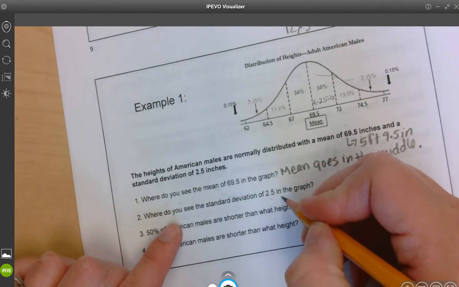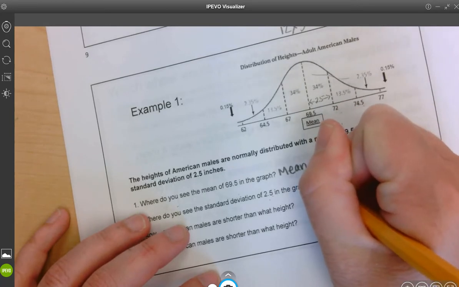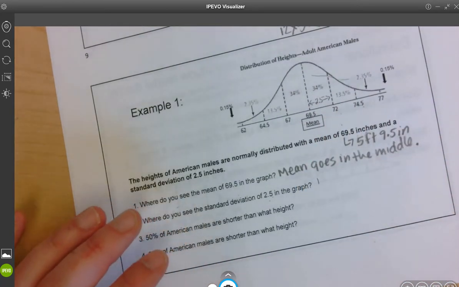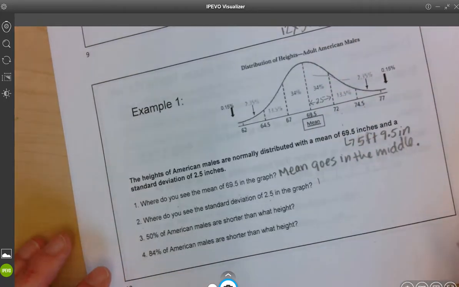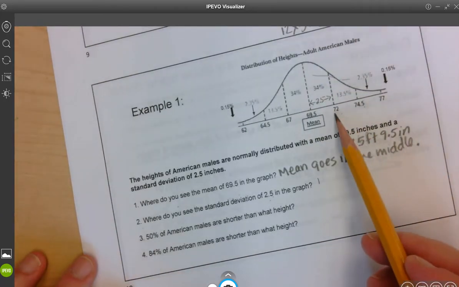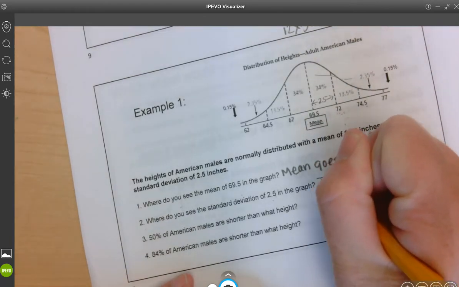The standard deviation of 2.5 is, we could either say it's the distance between the standard deviation lines, or we could say it's the difference between the numbers on the line. I'm going to go with distance, but if you prefer difference, that's okay.